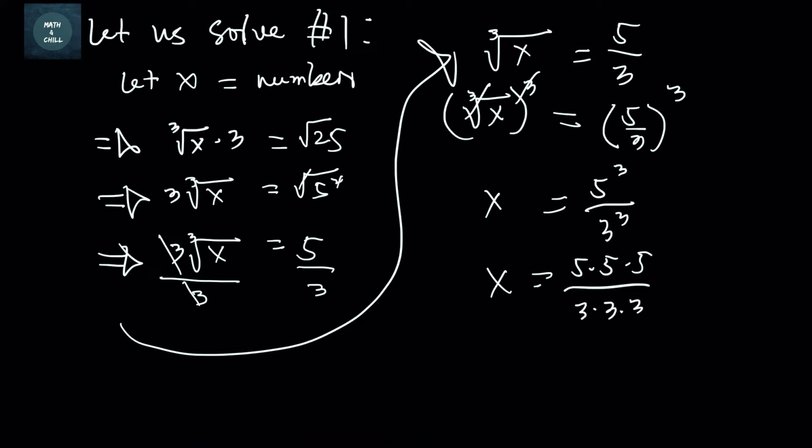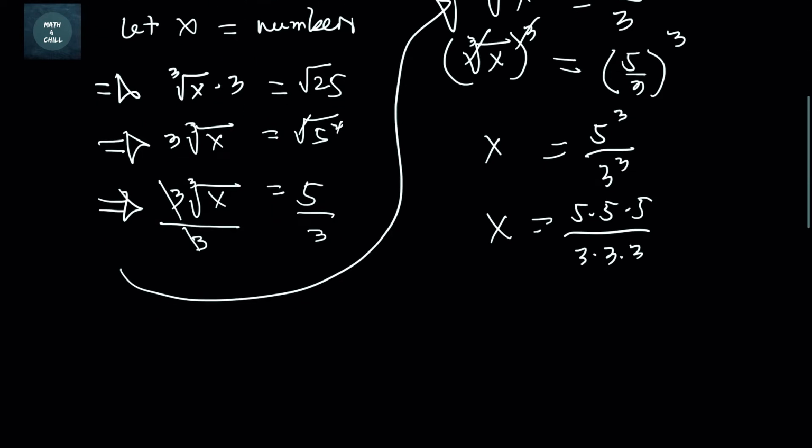That is, the value of x is 5 times 5, 25, times 5, 125, over 3 times 3, 9, times 3, 27. So can we reduce it further to lowest terms?